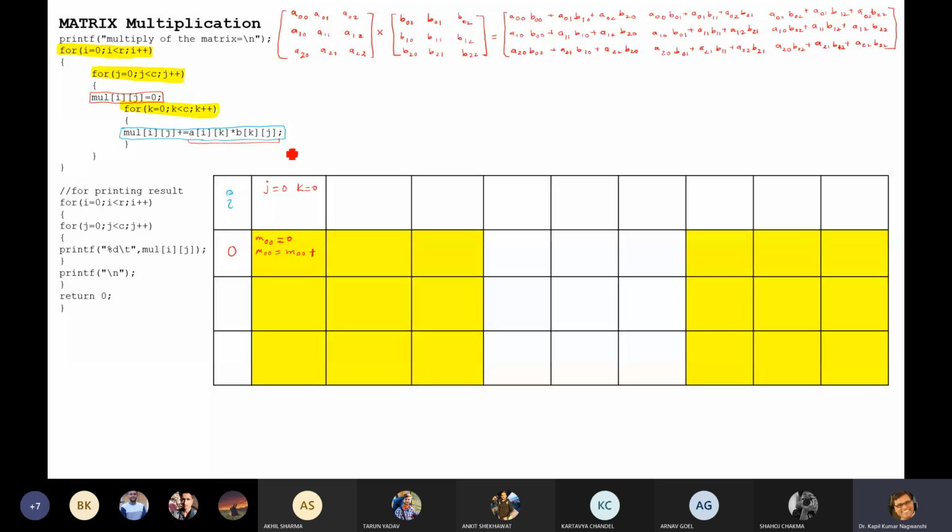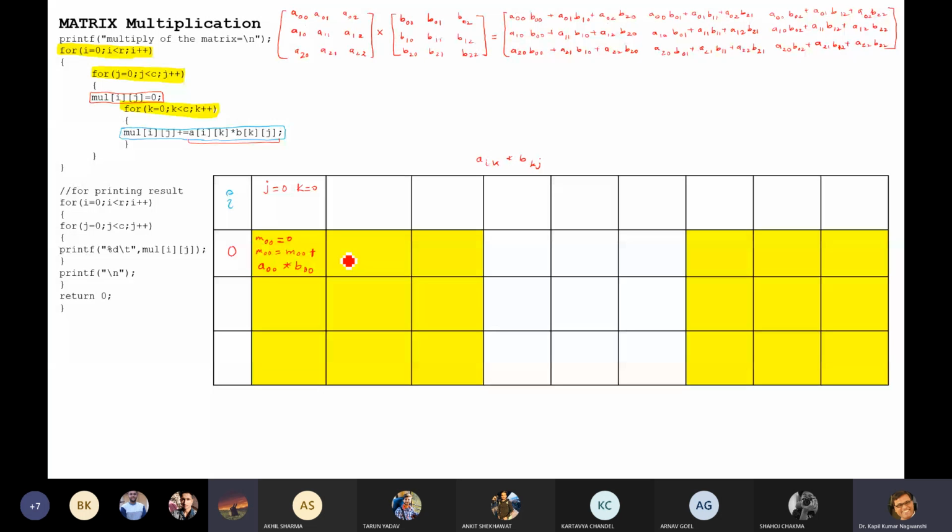This term is A ik multiplied by B kj. So what is the value of A ik? i is 0, k is also 0, multiplied by B kj. What is the value of kj? k is 0 and j is also 0.